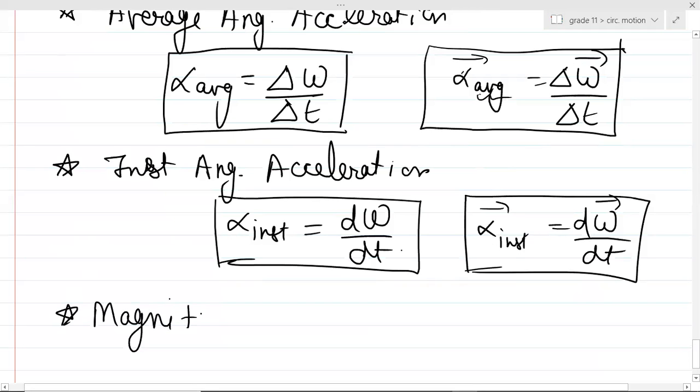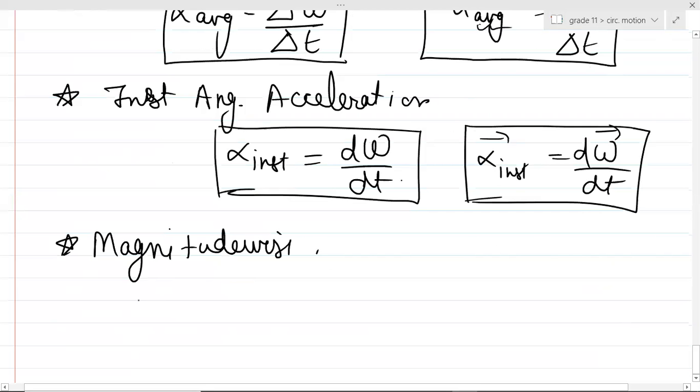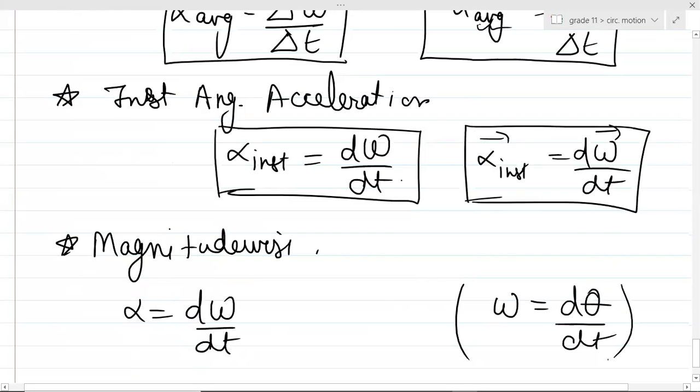Magnitude wise, if we talk, alpha has the formula d omega by dt, but we know omega is basically d theta by dt. Yes or no?